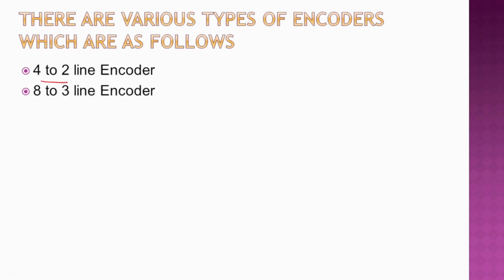First one is the 4 to 2 line encoder. Another one is the 8 to 3 line encoder.